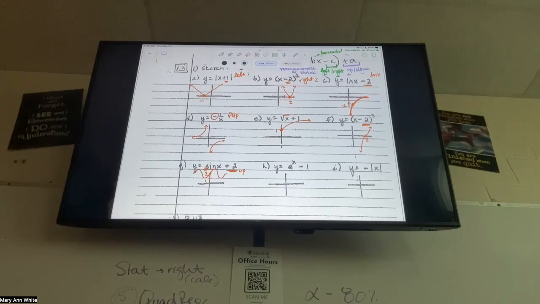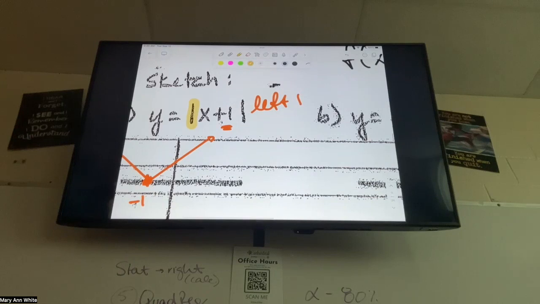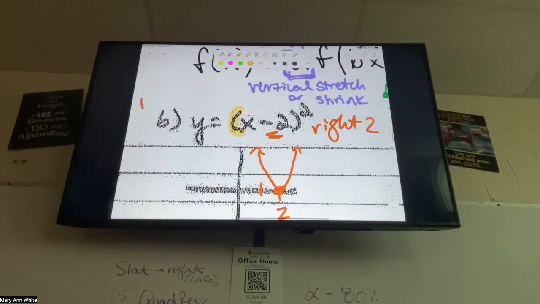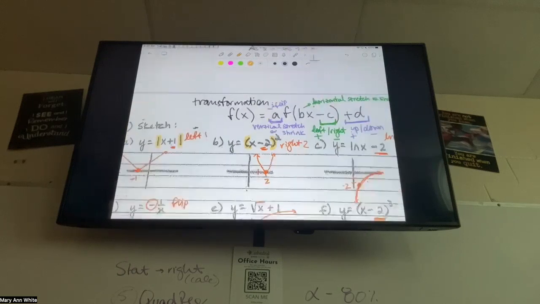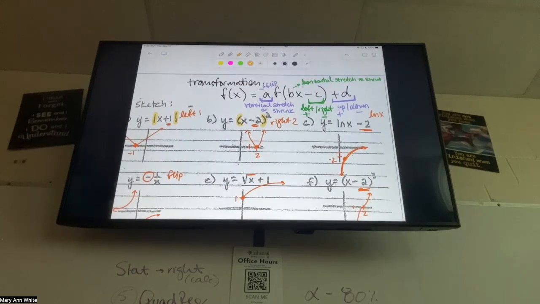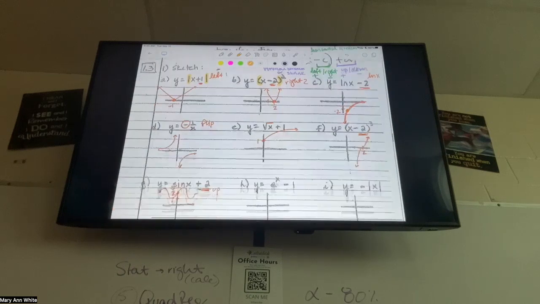I figured it out, that's an absolute value, so it switches. Do you also notice that in this first one, it's inside the absolute value? And in the one next to it, it's inside of that parentheses. Since they have parentheses, I know it goes with the x. If there's no parentheses, we just assume it's attached to the end. That is a really great question.